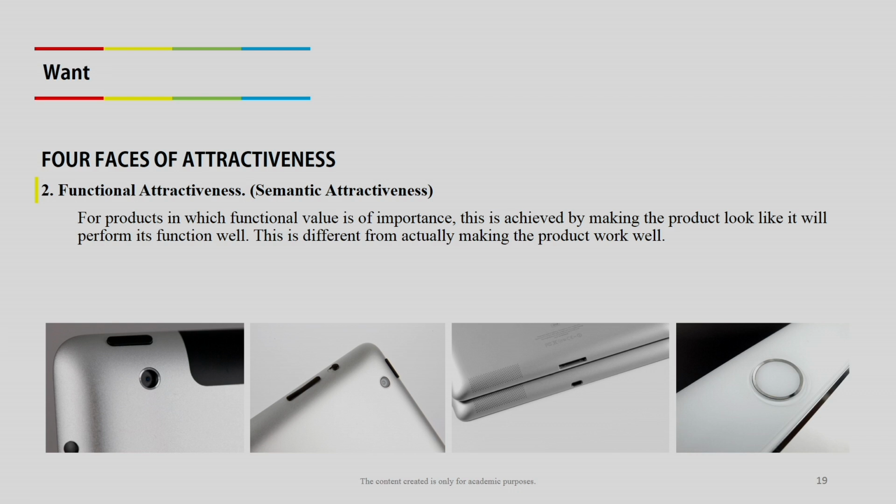Next is functional attractiveness, also considered as semantic attractiveness. For products in which functional value is of importance, this is achieved by making the product look like it will perform its function well. This is different from actually making the product well. So, you are making the product in such a way that it will look like a good functional product.